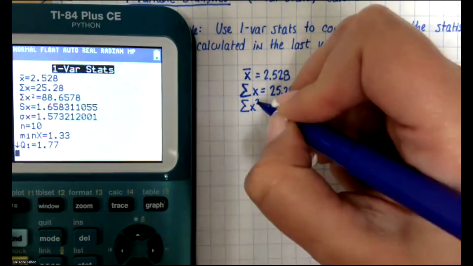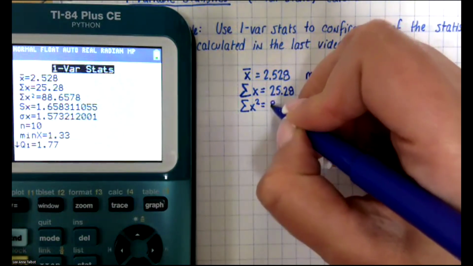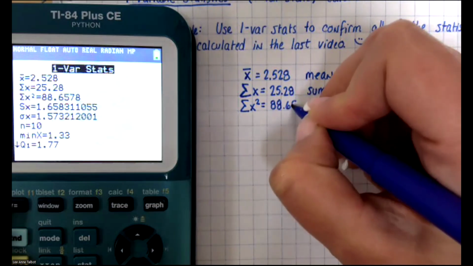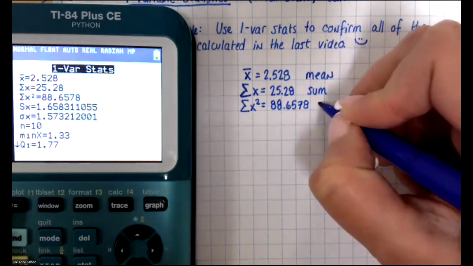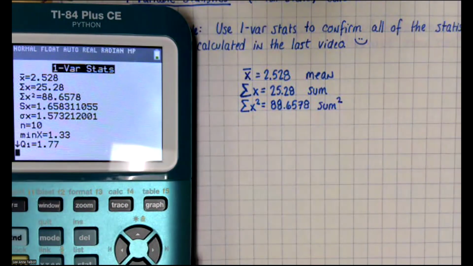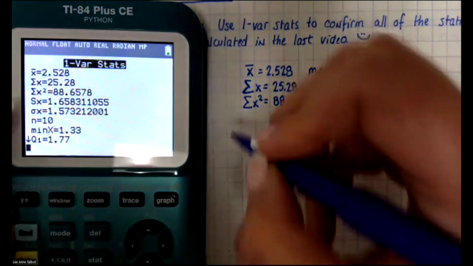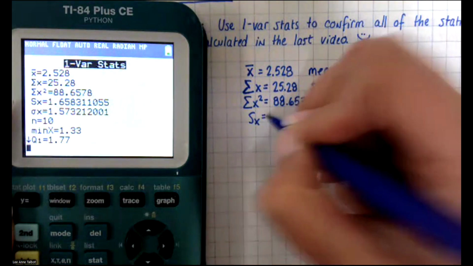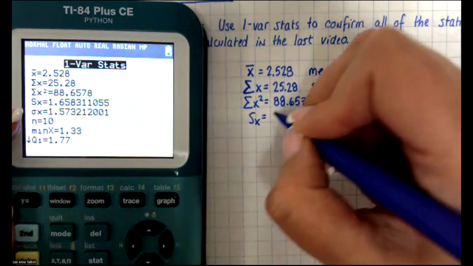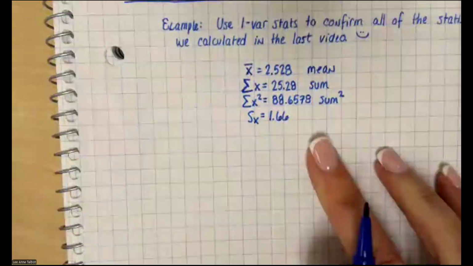Capital sigma of x squared is the sum squared. And you could see why that might be useful from our standard deviation calculations, except the next one that they give you is the one we calculated by hand. And I'm going to round this to 1.66.